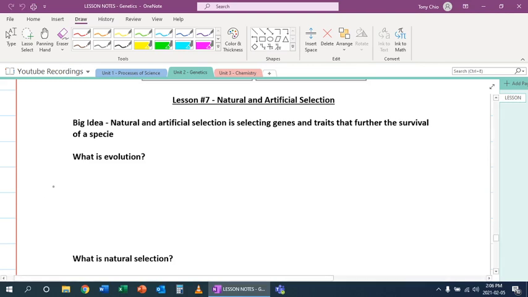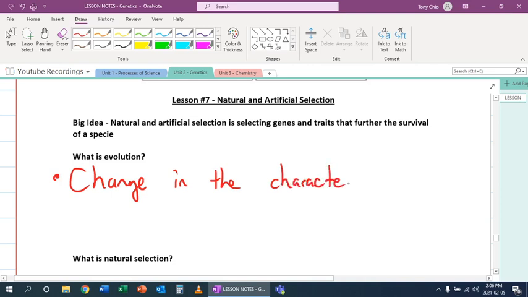First of all, we're going to talk about evolution. Evolution is the change in the characteristics of groups of organisms over time.